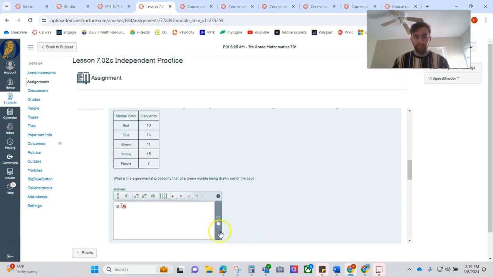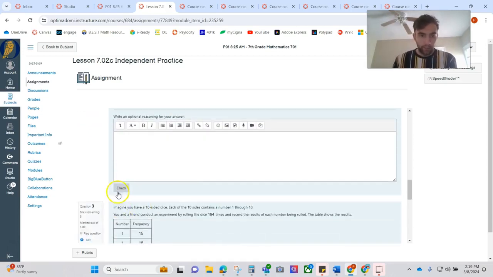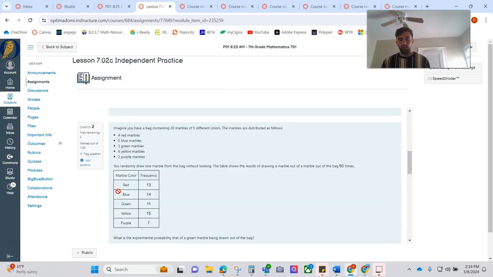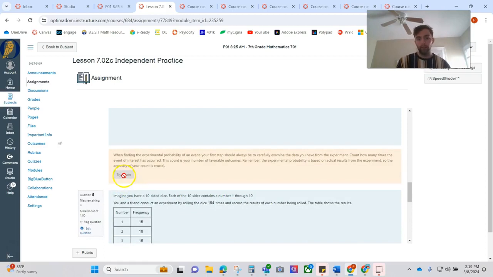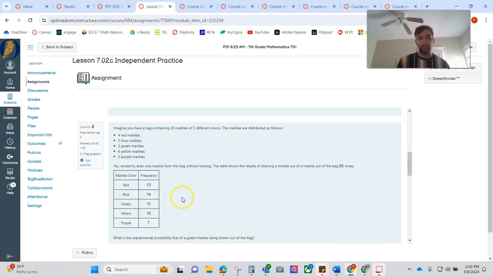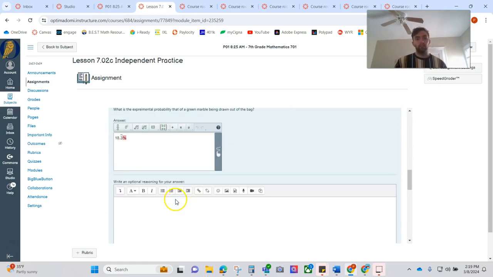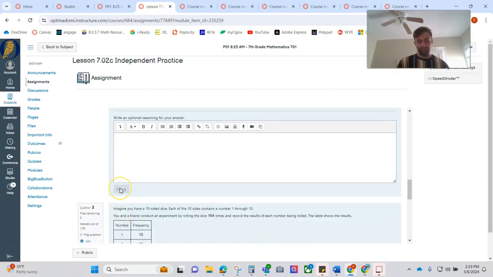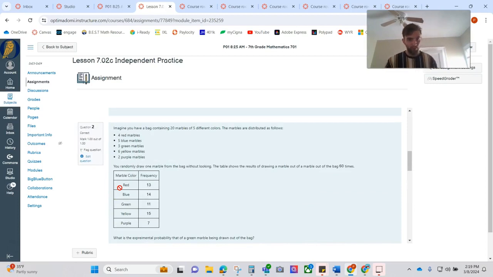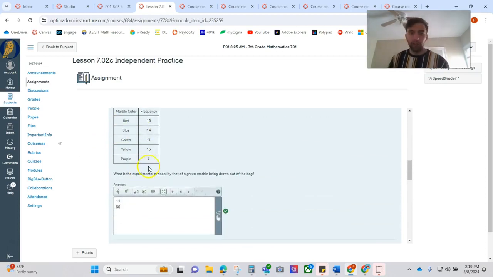It'll be a percent now. 18.3%. Okay, let's see if it marks it wrong. It did. Okay, so I'm going to put it in a fraction form instead. 11 out of 60. Way more simple, Mr. Bertram. Come on. There we go. Now we got it right.